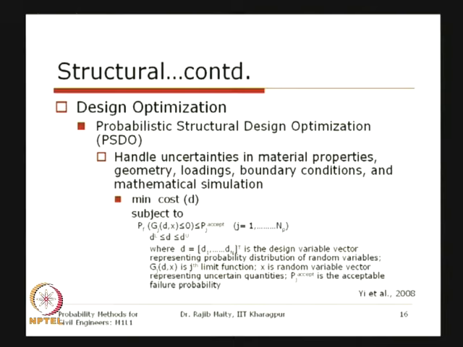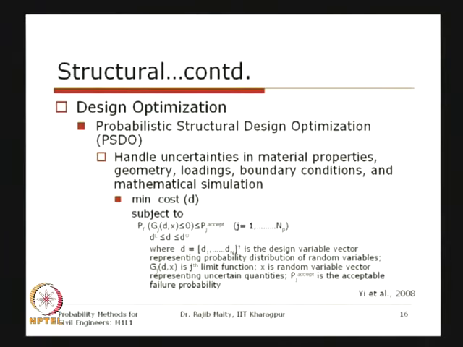The next is design optimization, where probabilistic structural design optimization, PSDO, is used to handle the uncertainties in material properties, geometry, loadings, boundary conditions, and mathematical simulations. In different types of structure, when we want to optimize the design, there are different properties.